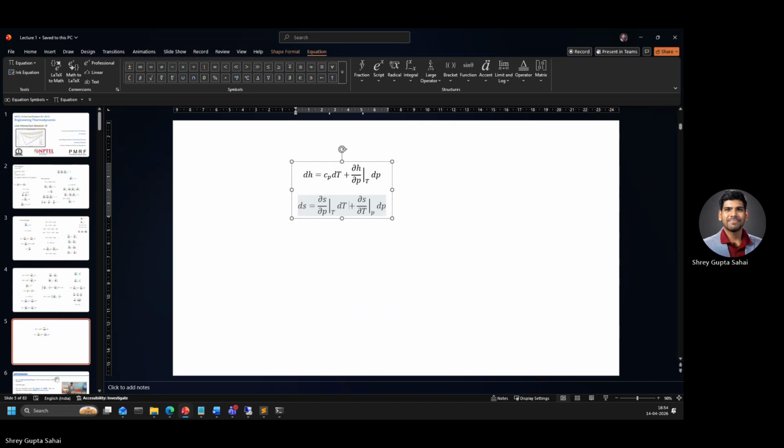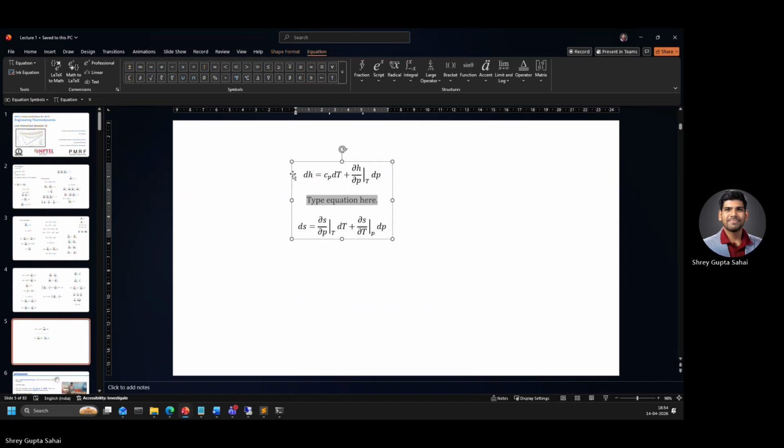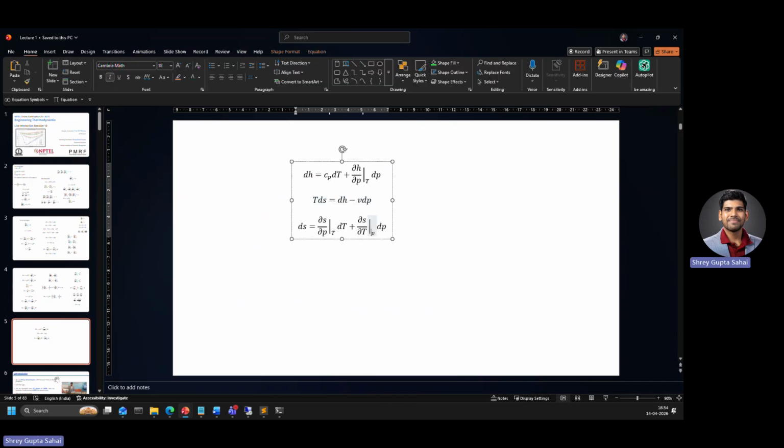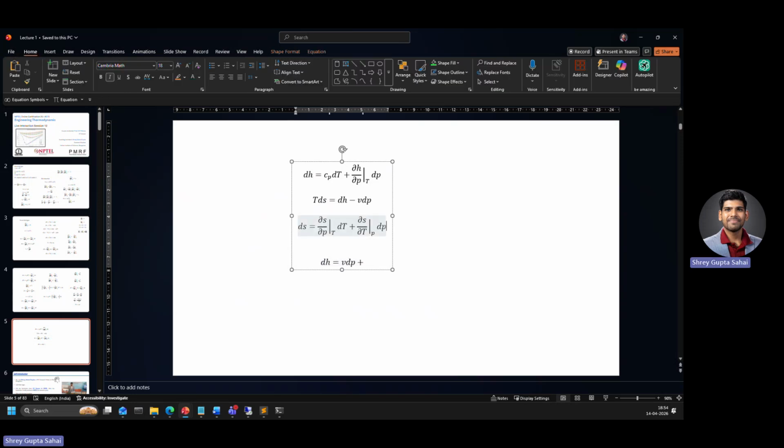Now, again, Maxwell's relation has to be used, but let's not use it right now. And also write dS equals to dH minus VdP. Now, if I do this, then essentially what am I getting? dH is VdP plus this entire thing.